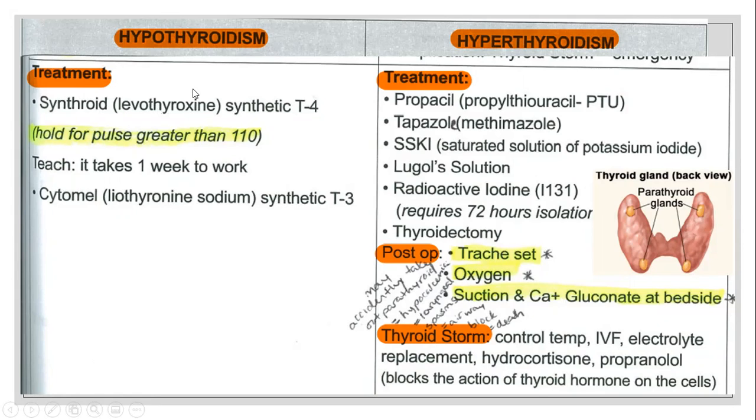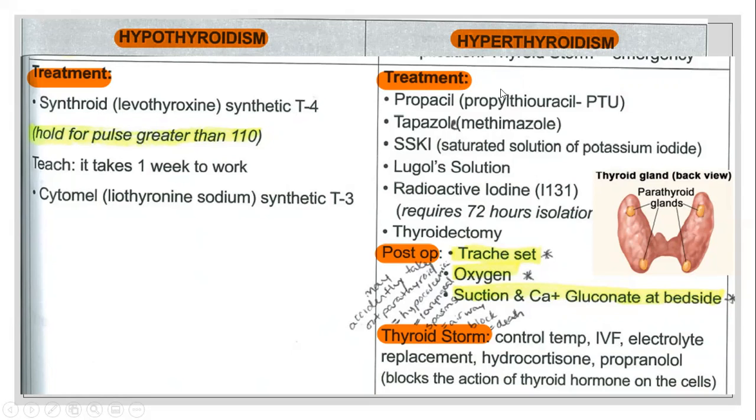Before prescribing or giving this medication, it is always important to check the vital signs, particularly pulse rate. We should hold the medication if the pulse is greater than 110. Also educate your patient that this medication takes time to work, at least 1 week.